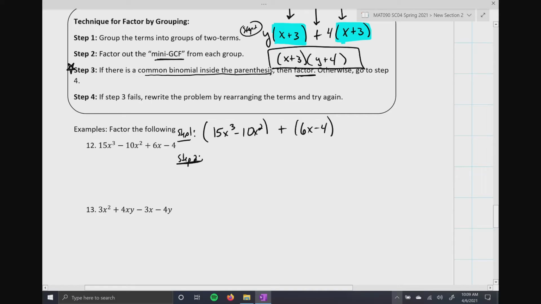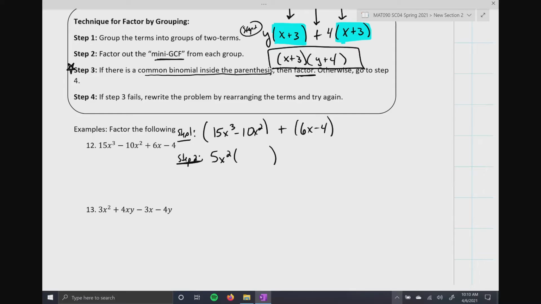Step 2. Let's factor out that mini GCF for each group. In the first group, both coefficients have a 5 in common, and the variable is x to the second.